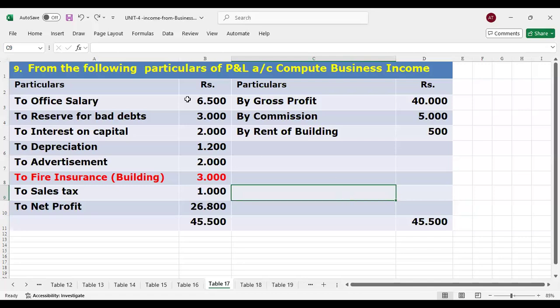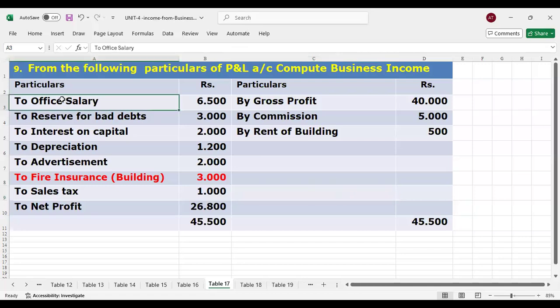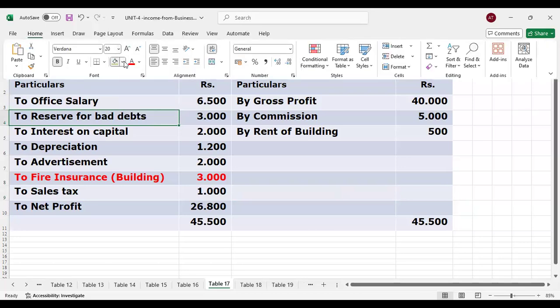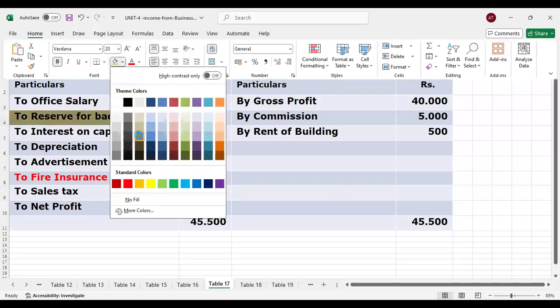So let's start. Office salary, yes, it is allowed. Reserve for bad debts. Now, in accounts, this is shown as expenses, but actually any provisions are not allowed in finance. So, as per this, reserve for doubtful debts is not allowed.